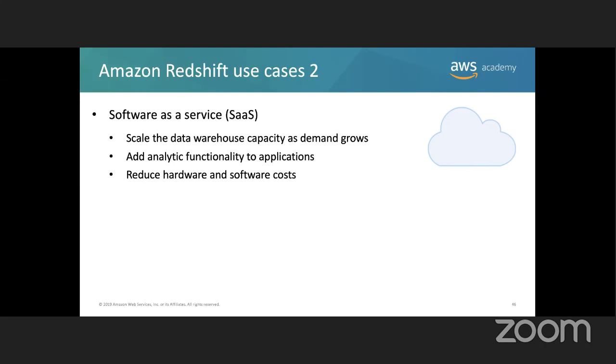So some customers use Amazon Redshift to provide analytic capabilities to their applications. Some users deploy a cluster per customer and use tagging to simplify and manage their service level agreements, SLAs, and billing. Right? Amazon Redshift can help you reduce hardware and software costs. Okay, a great solution for companies that have a data warehouse and want to migrate to the cloud.